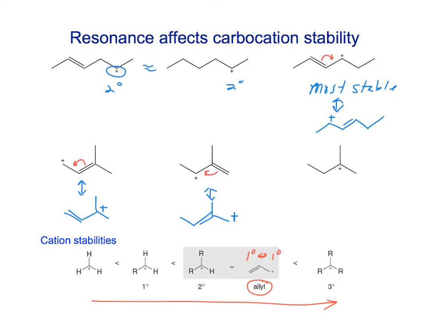So if we think about the structures that we have across here, here we have an allyl that is spread between a primary and tertiary, so that's clearly going to be more stable than the tertiary. So if we're ranking these in stability, then this one would be the most stable.